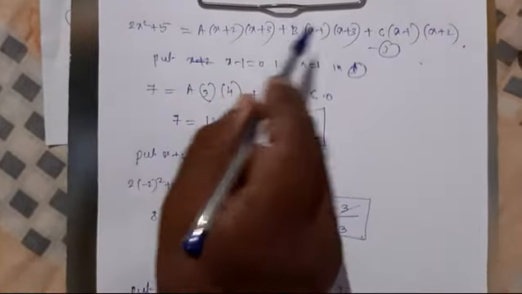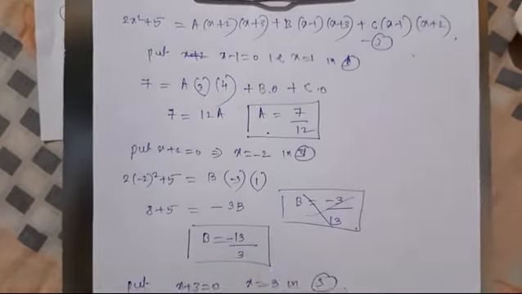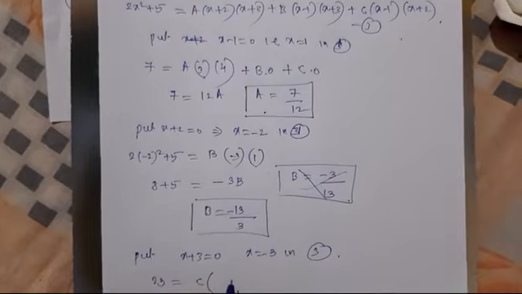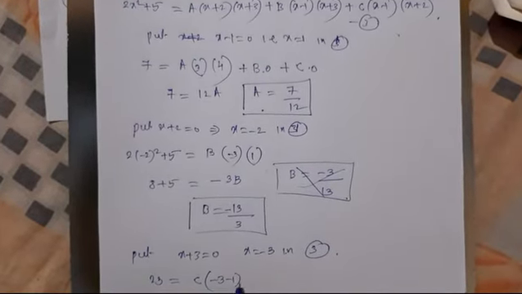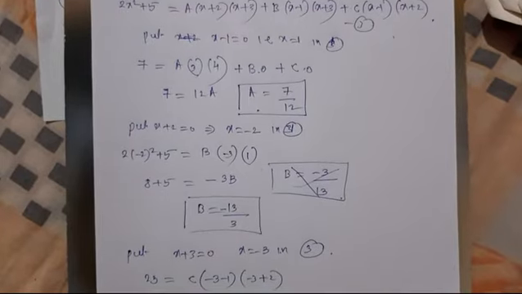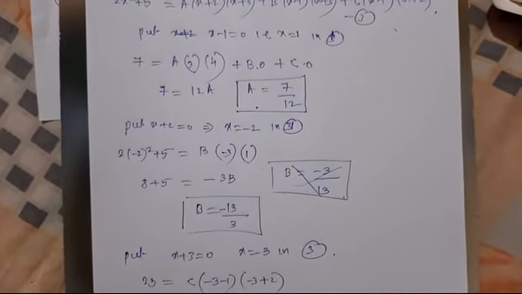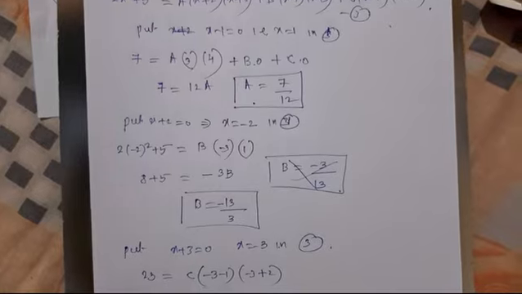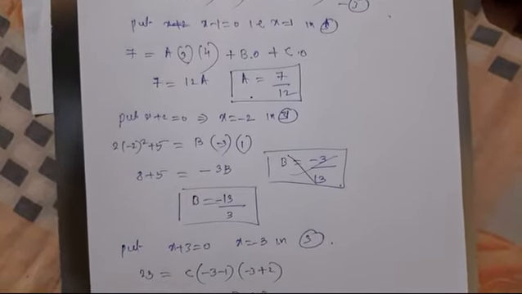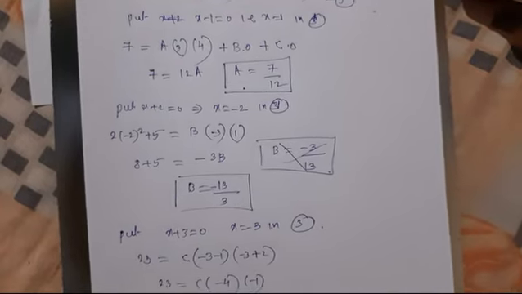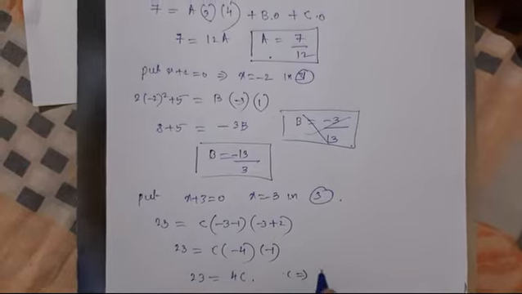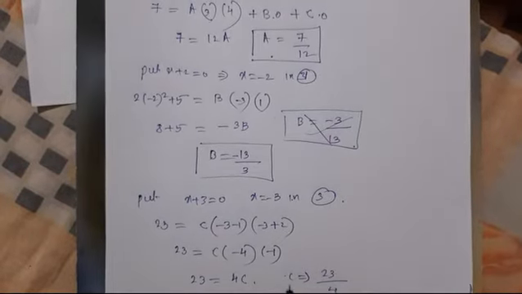So this becomes 0 and this one becomes 0. So it becomes c into minus 3 minus 1, minus 3 plus 2. So therefore 23 is equal to c into minus 4 into minus 1. 23 is equal to 4 into c. So therefore c is equal to 23 upon 4.